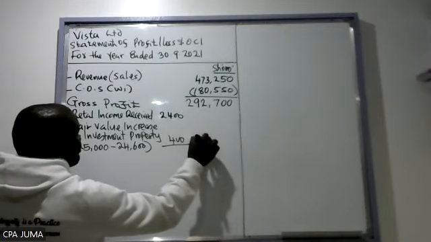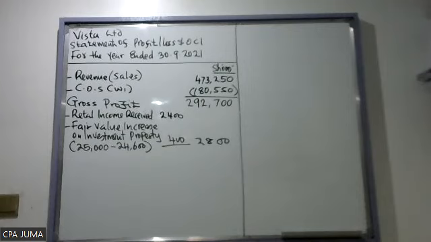Therefore, the total other income is 2,800. Have that. Good, we proceed.